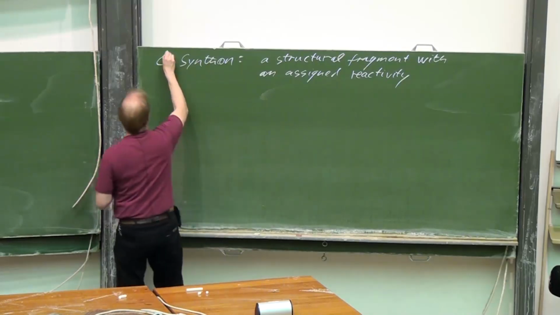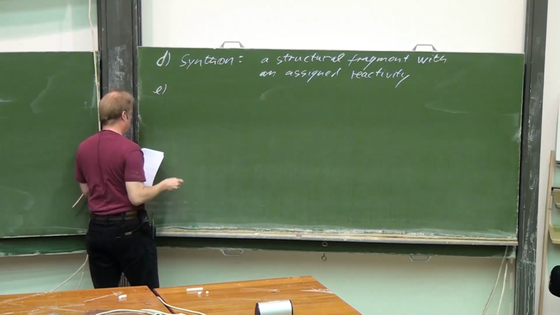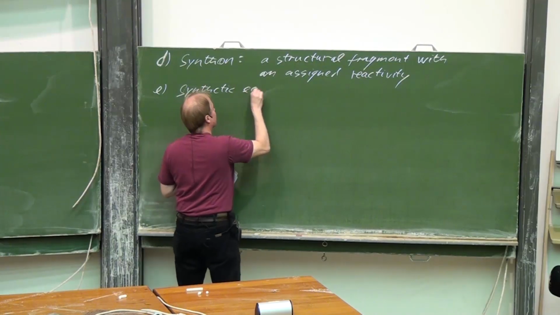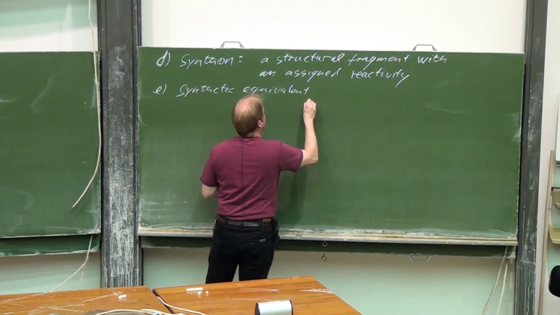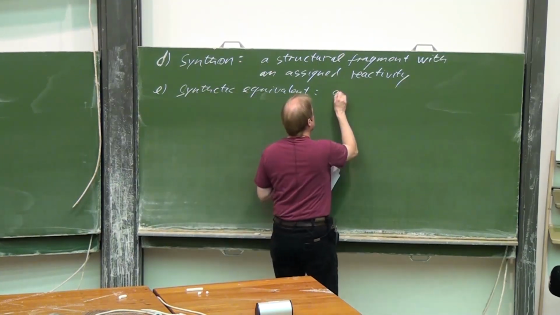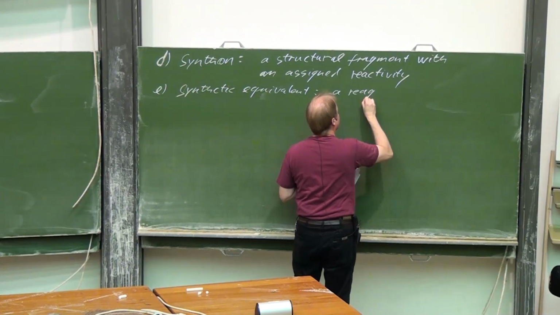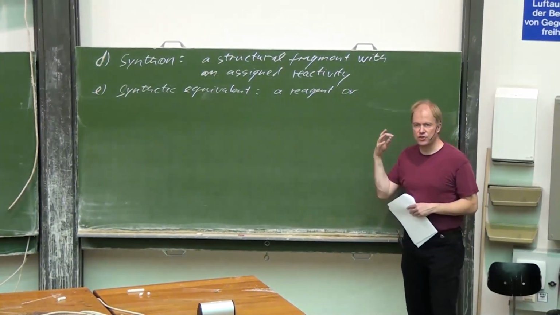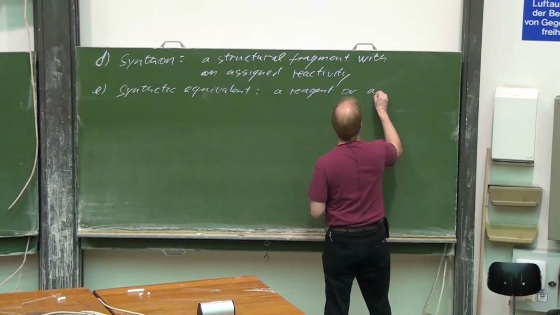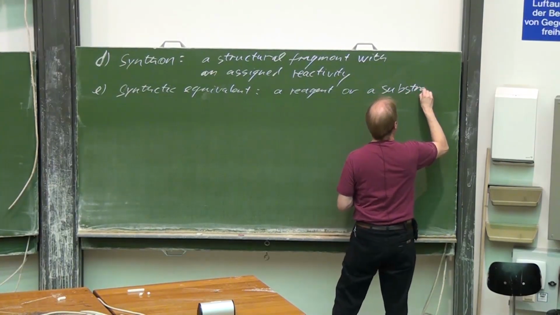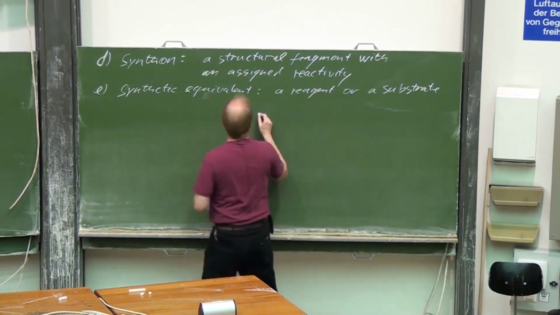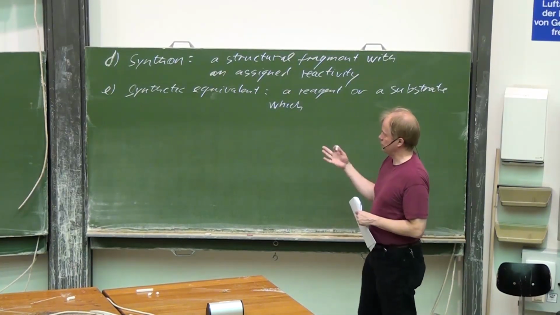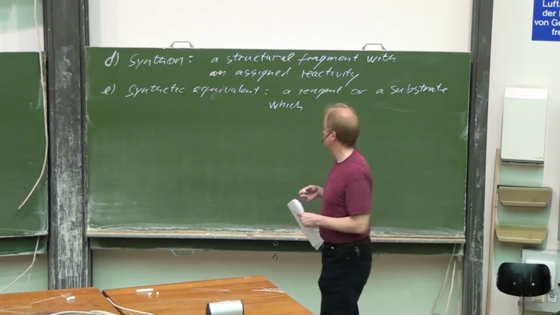So this is already D. Then E, a synthetic equivalent: this is a reagent or a substrate within our synthesis which corresponds to the synthon in terms of its reactivity.